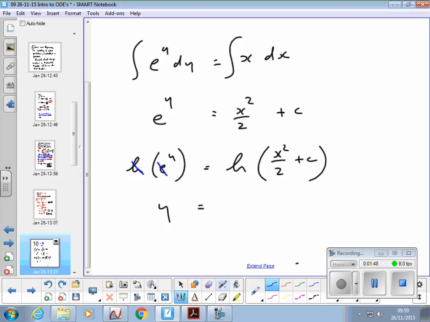I can separate this out. I can call this natural log of x squared over 2 plus the natural log of c.